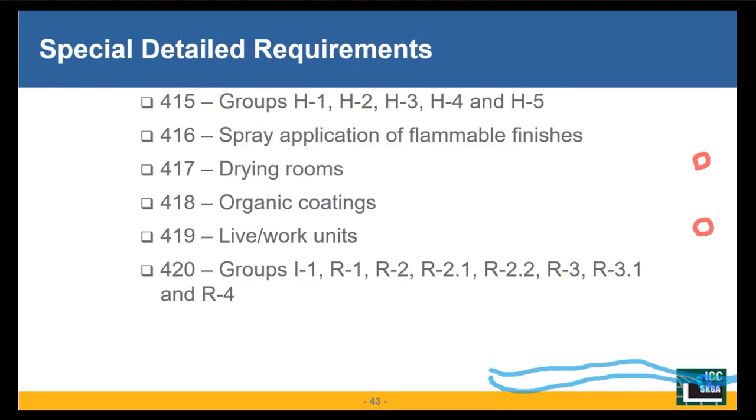This group of occupancy in section 420 includes I1, R1, R2, R2.1, R2.2, R3, R3.1, and R4. When you see 2.1, 2.2, and 3.1, these are California specific occupancies. There are some requirements in here.